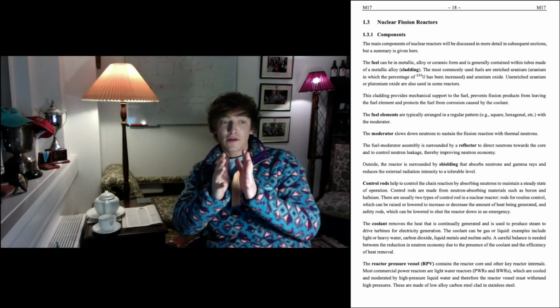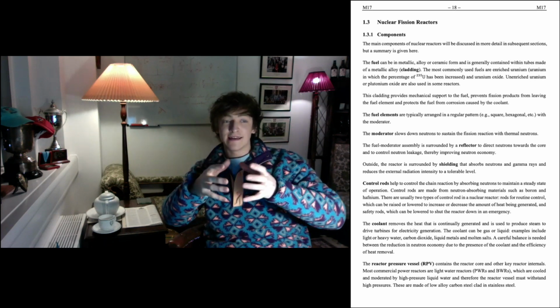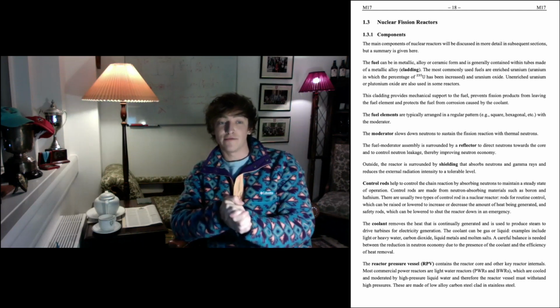So you've got your fuel, and that's clad in cladding, and then outside your cladding, if you've got a thermal reactor, you're going to have something called a moderator, which I've mentioned before. And the function of a moderator is to slow down neutrons in order to increase the probability of a fission event occurring.